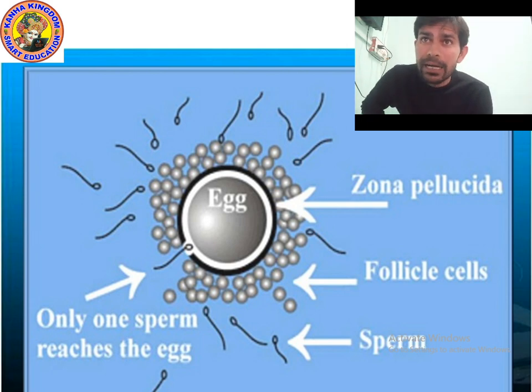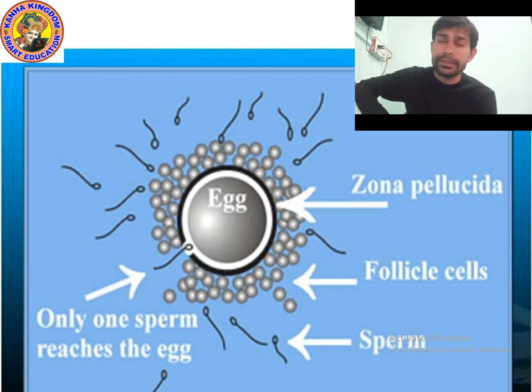The function of zona pellucida is that it allows only one sperm to fuse with one egg, so it becomes impermeable. It does not allow the others, it is like a layer. These are circular in shape, as you can see.